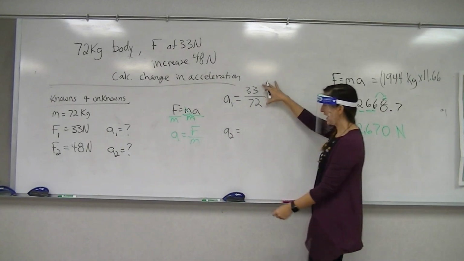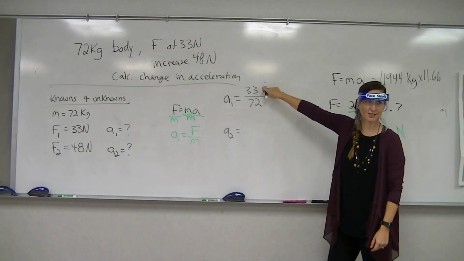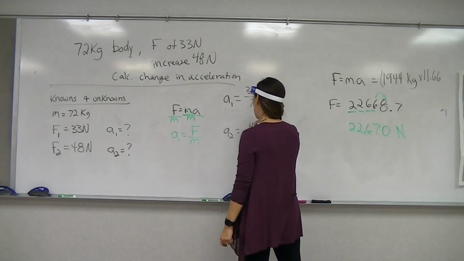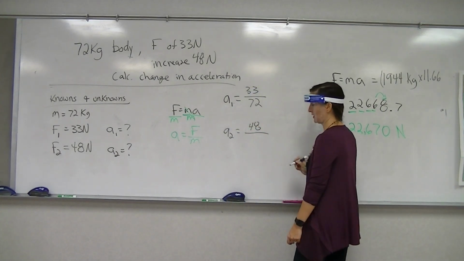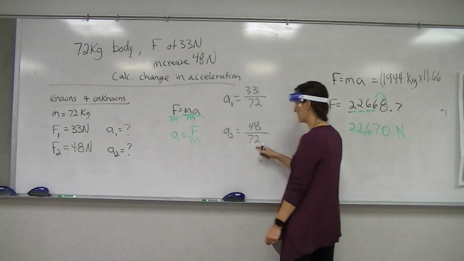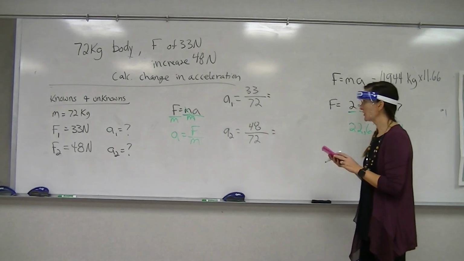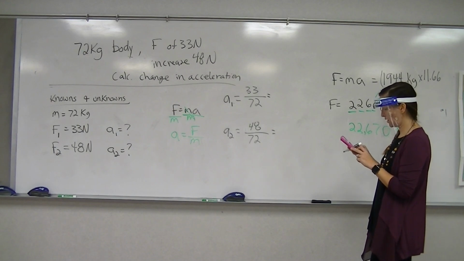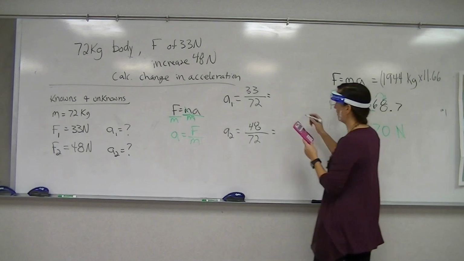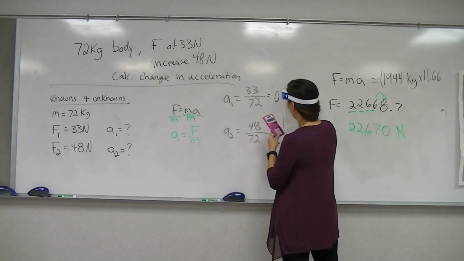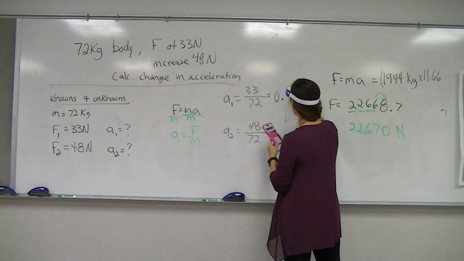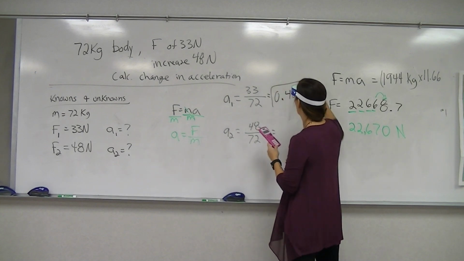A2, it's going to be the same equation, but my force is different. So I have a 48 Newton force for my second acceleration, but it's the same body, so my mass is still going to be 72. Notice two sig figs for both of these. So the top one, acceleration at the 33 Newton force is 0.46 meters per second squared.